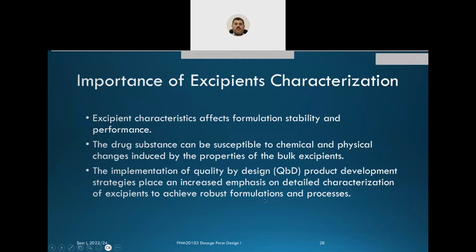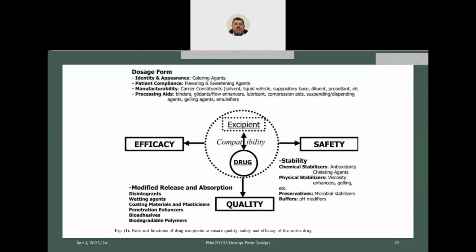So then I have to test the viscosity before I can decide to use it or not. So I define a range of viscosity suitable to achieve the release rate I want. Once I receive this excipient or drug retaining polymer from the supplier, I have to test the viscosity, and depending on that, I have to decide whether it is suitable to be used or cannot be used, or needs some adjustment.